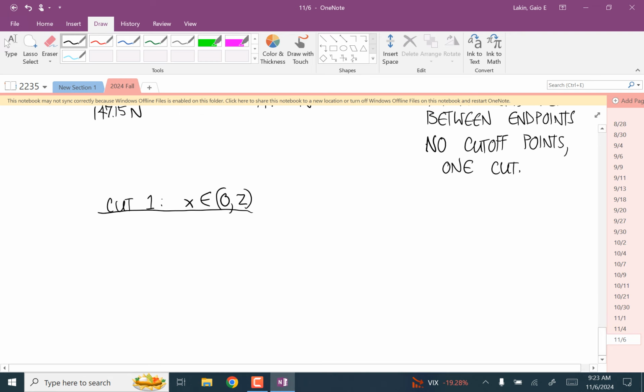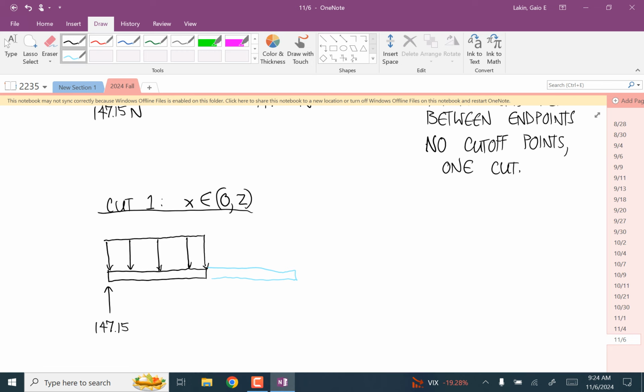Okay, so here is our cut. And we're ignoring all of this. And we have this force of 147.15 here. And we have this distributed load of 147.15 newtons per meter here.